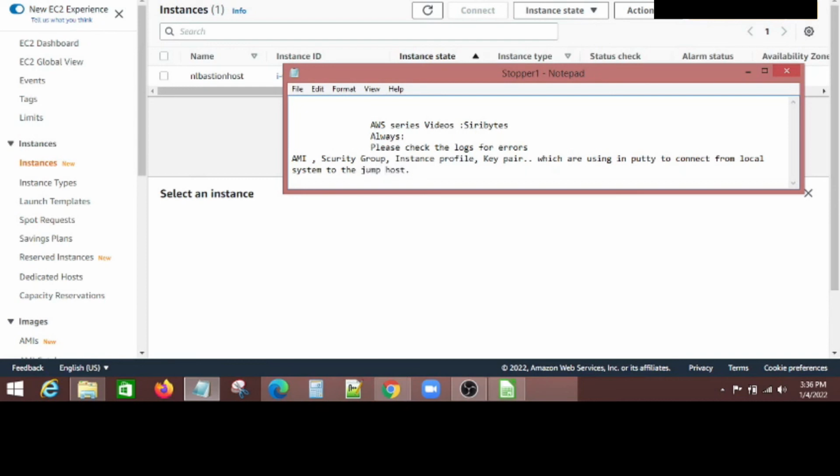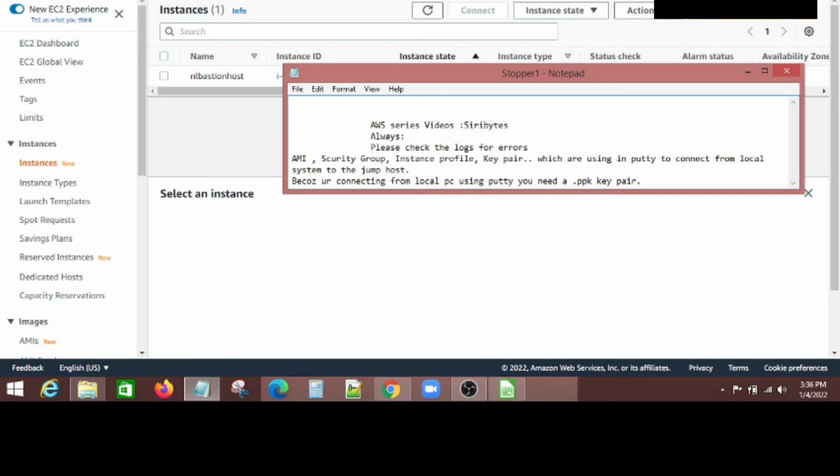Because you are connecting from a local PC using PuTTY, you need a PPK key pair.